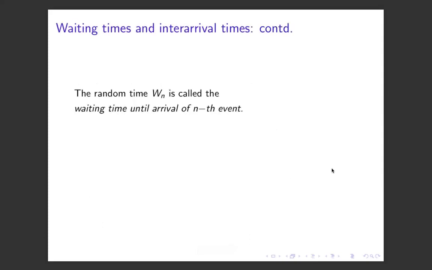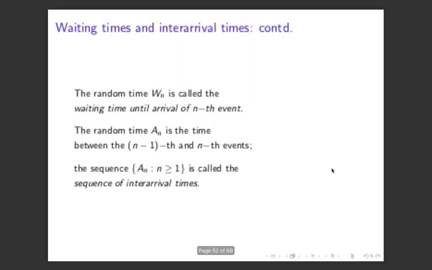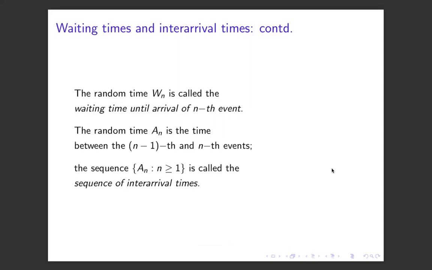The random time Wn is called the waiting time until the arrival of the nth event. That is quite a natural thing to call it. And as we had seen earlier, the random time A sub n is the time between the n minus 1th and nth events. So you have this sequence A sub n, n greater than or equal to 1.